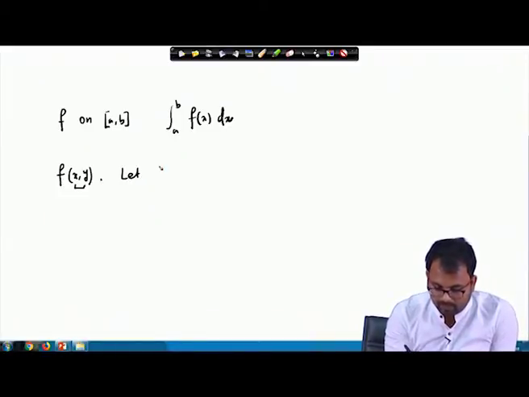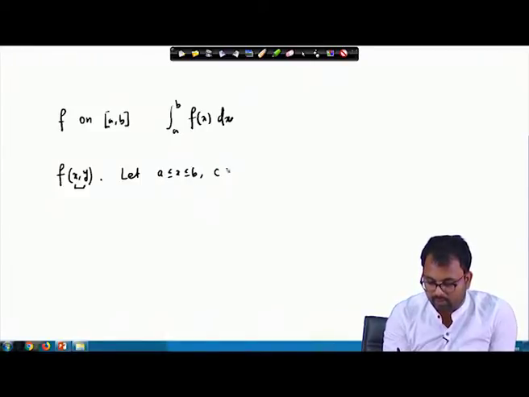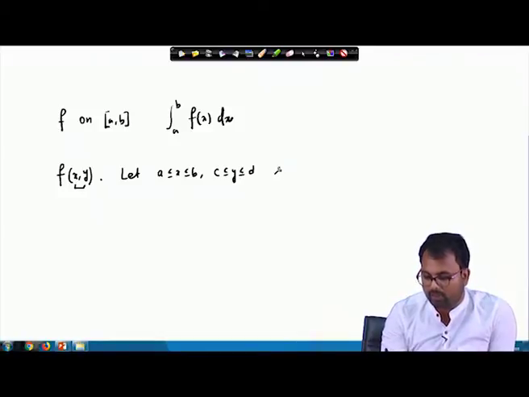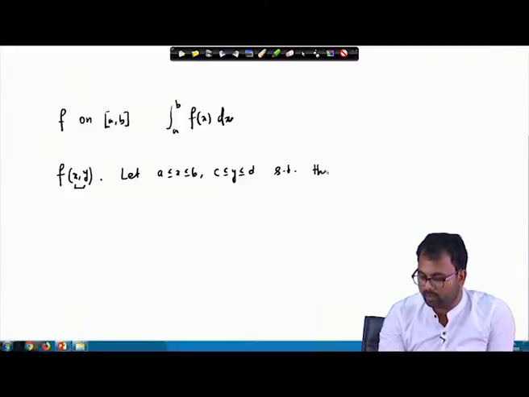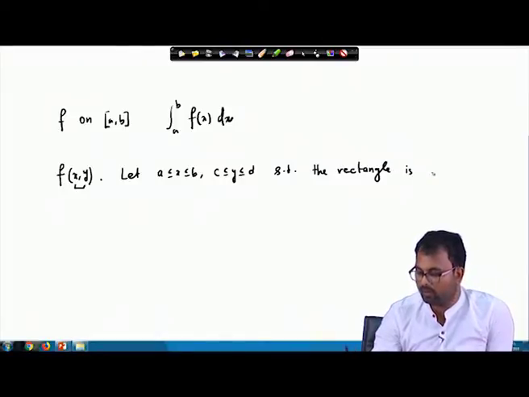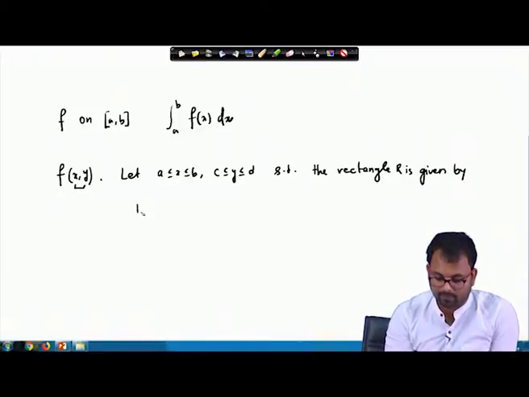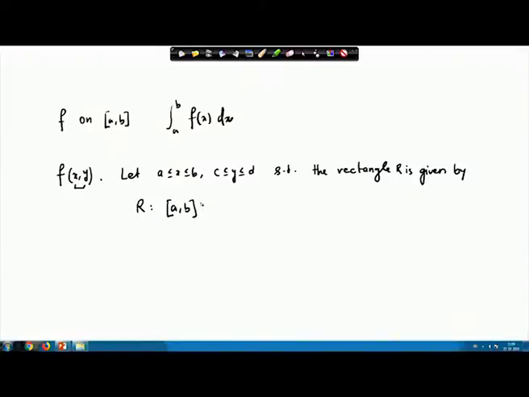Let a ≤ x ≤ b and c ≤ y ≤ d, such that the rectangle R is given by [a, b] × [c, d].